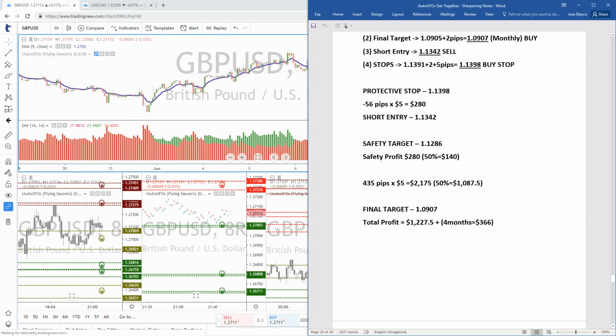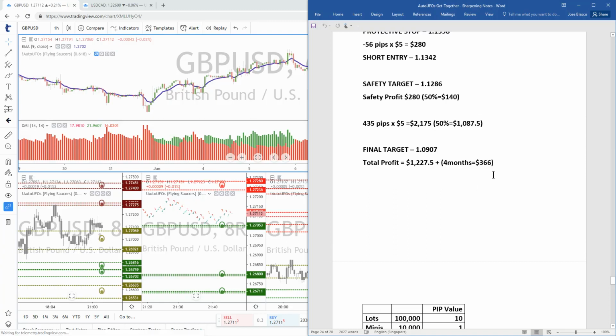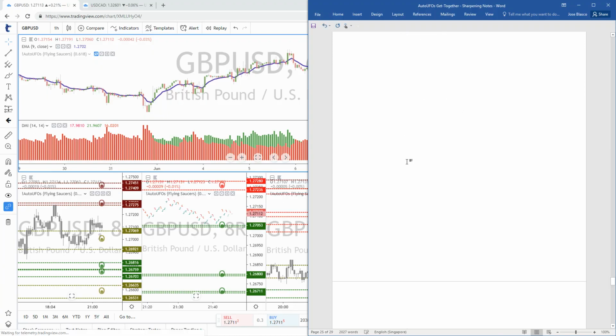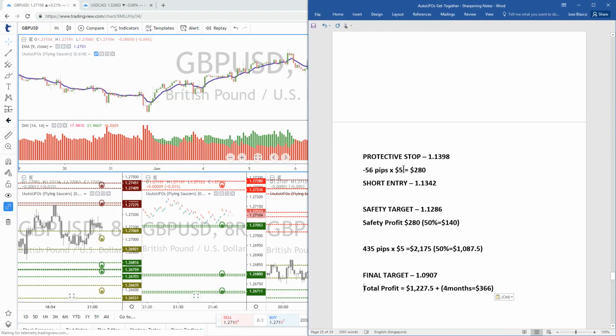So we're going to have a trade where we're going to have a final target.